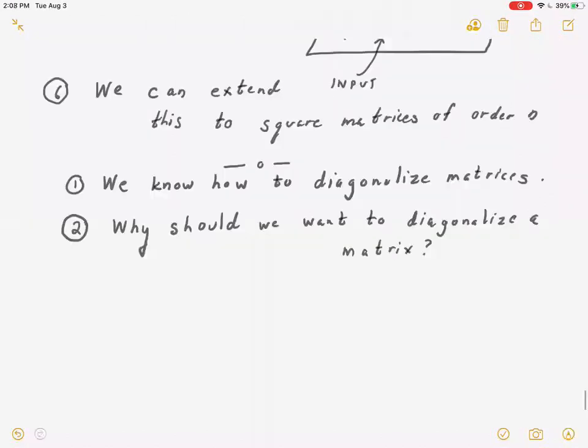So, turns out that there are many reasons why we would want to diagonalize a matrix. But we will choose one example here.